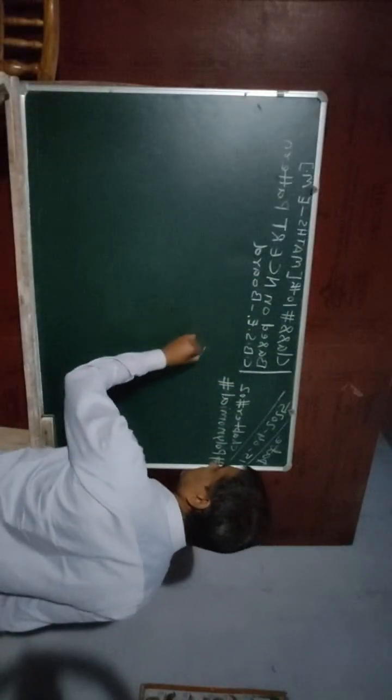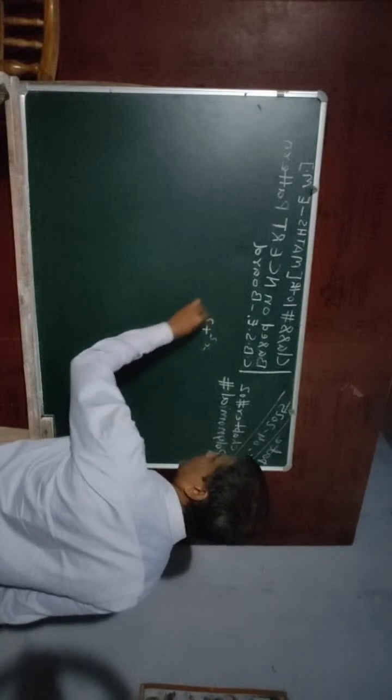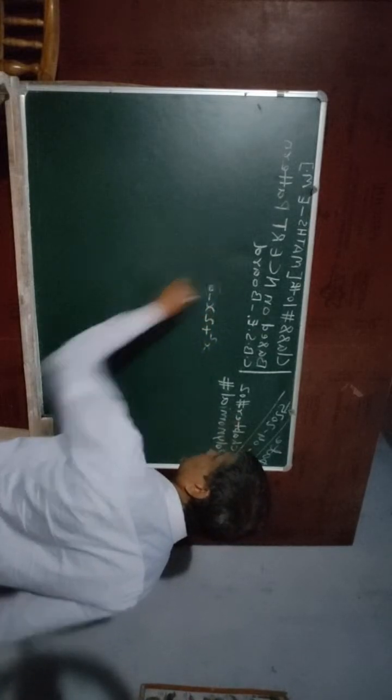Here it is given, written one polynomial, that is x square plus 2x minus 8. Now I am going to write the question here.